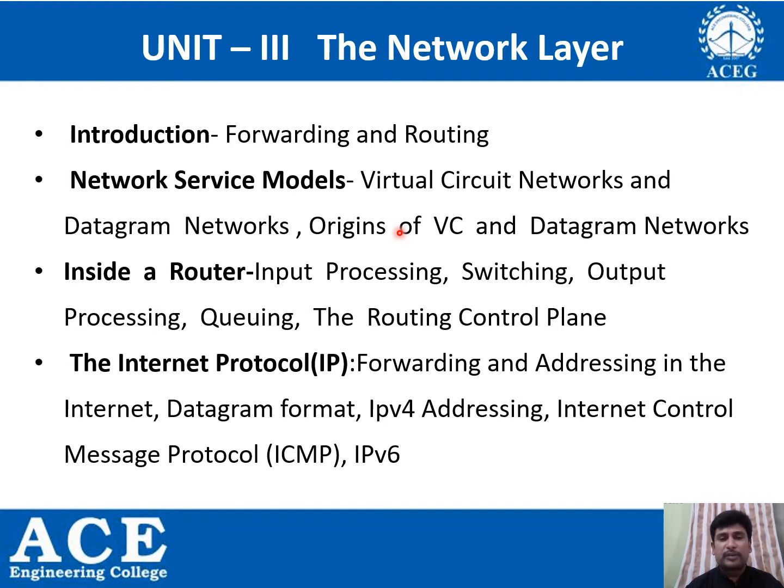The only difference between virtual circuit networks and other kinds of networks is that instead of using a destination address for transmitting the data, here we will be using a virtual circuit identifier, which will be changing from link to link. Based on the different links we are using, the virtual circuit identifier varies.